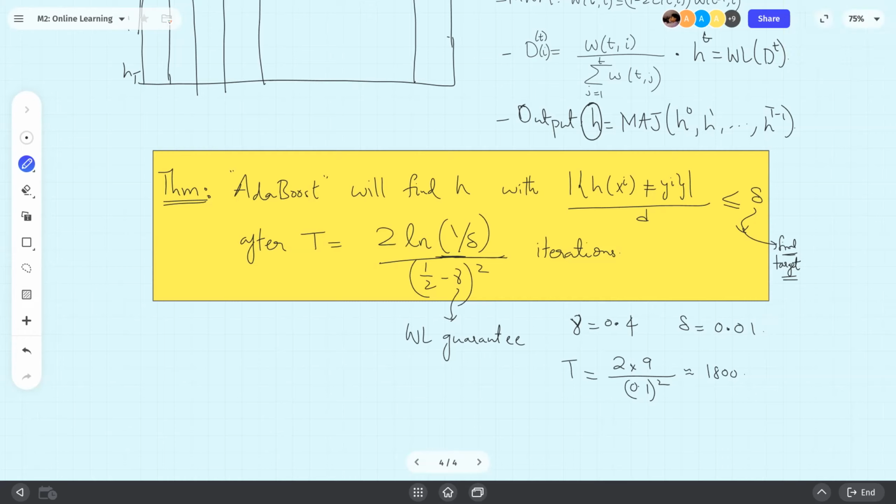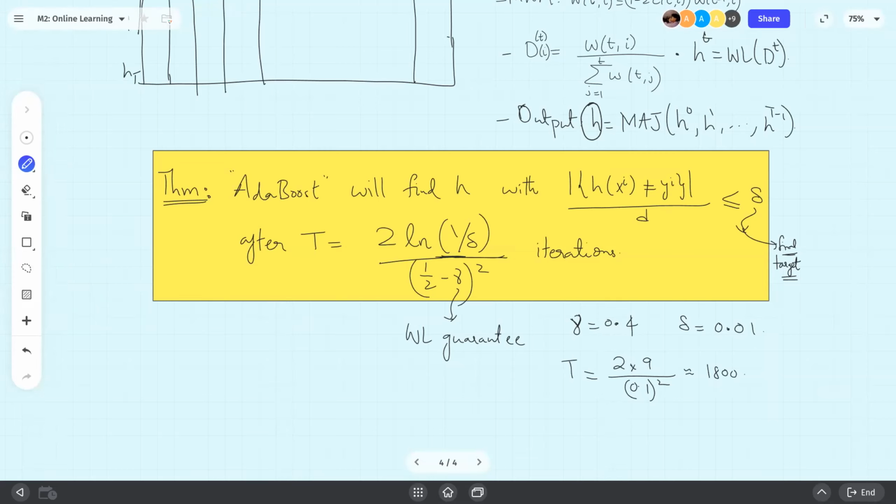In the way we phrased the question of boosting, we only asked the booster to do well on the samples. But there's a theory of generalization which tells you that if you can do well on the samples with a not too complicated hypothesis, then you'll do well on unseen examples. I see.